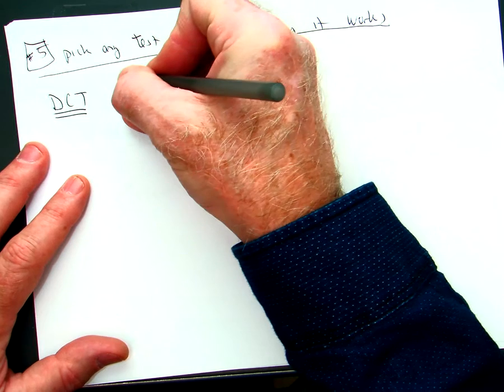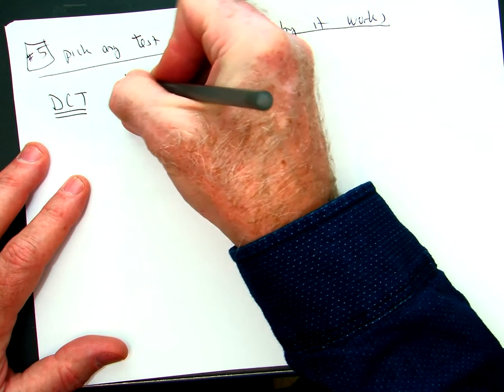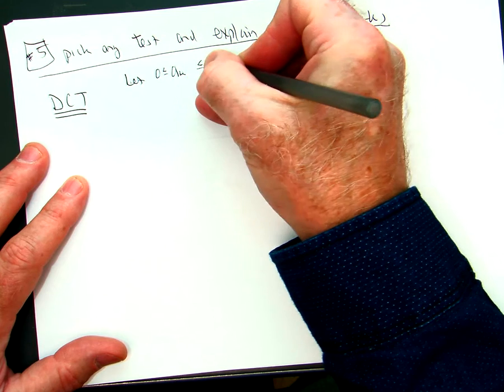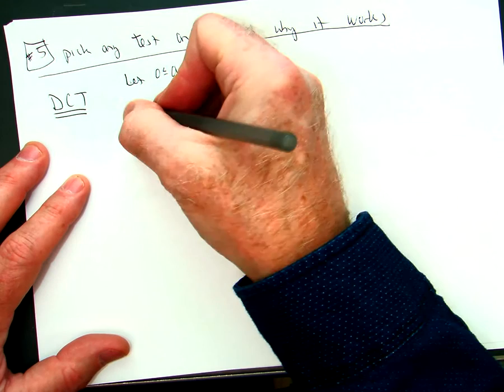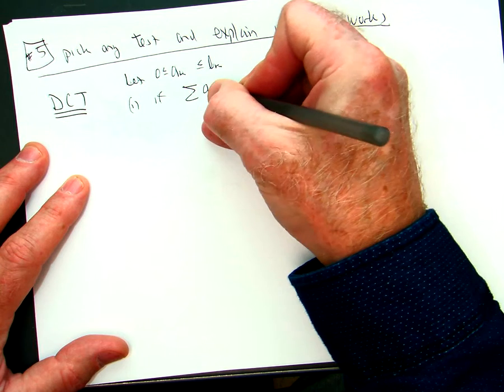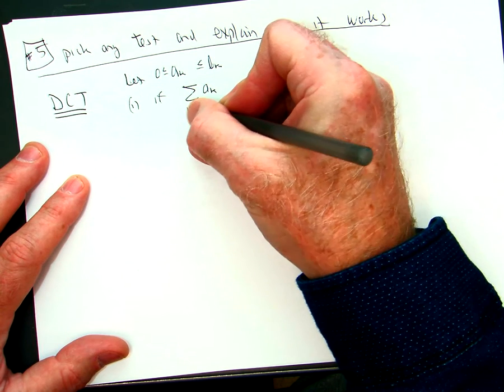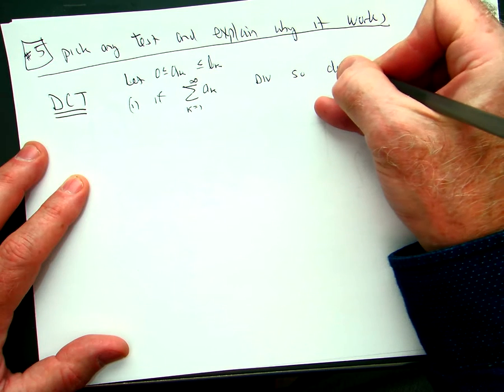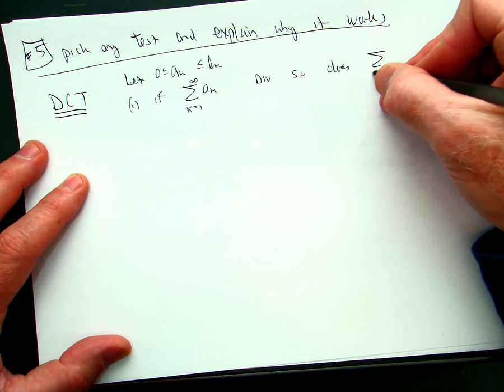So what this says is, let a_k be less than b_k. It says one, that if the sum of a_k, k equals 1 to infinity, diverges, so does this series.